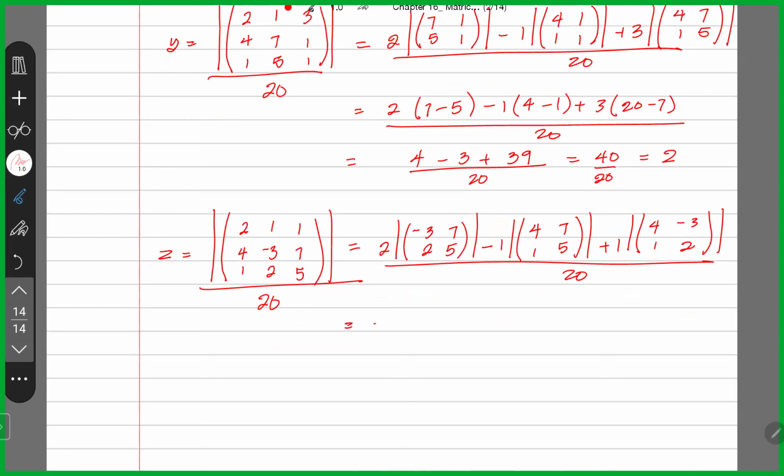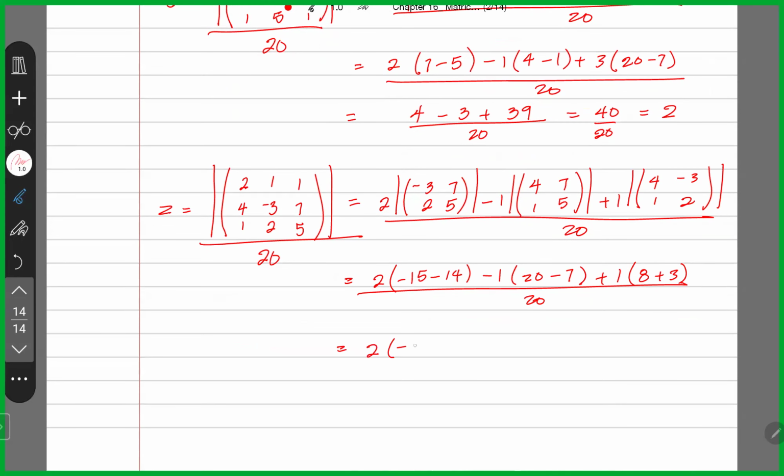This is 2 times minus 15 minus 14, minus 1 times 20 minus 7, plus 1 times 8 plus 3, over 20.